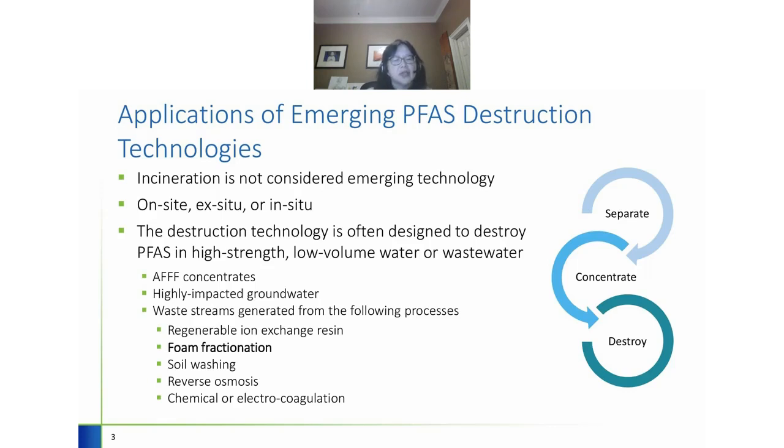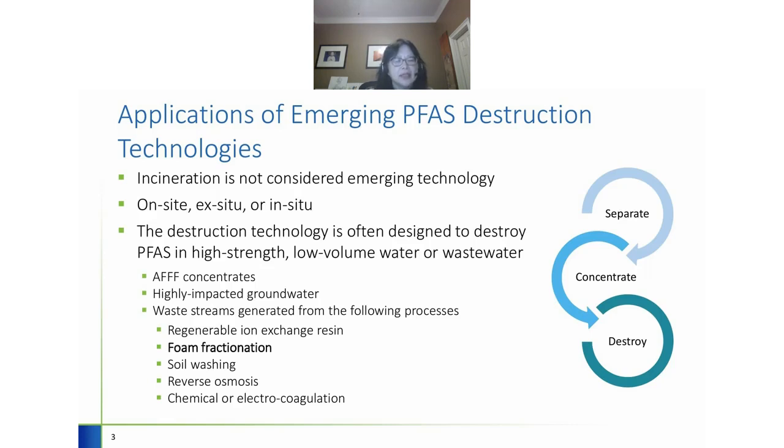For the emerging destruction technologies that we all talk about and focus on developing, the current focus is applying PFAS destruction in situ or ex situ at a site, but typically it will be ex situ simply because it's a lot easier to control the conditions, including the energy and temperature for breaking down the carbon-fluorine bonds.